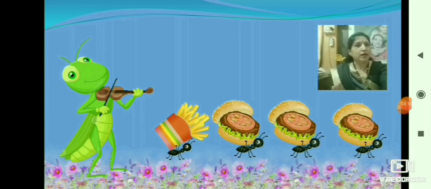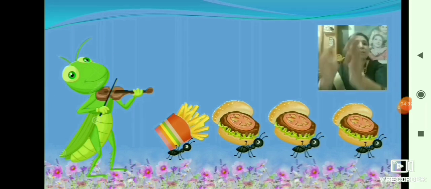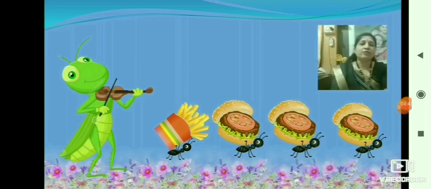But look here at the ants, how disciplined they are, how hardworking. They are carrying the food, they are going in line. This is the moral. These ants are teaching us such morals, and we have to utilize that in our life, instead of becoming a cricket, simply wasting his time, instead of collecting food, instead of thinking about his own future.